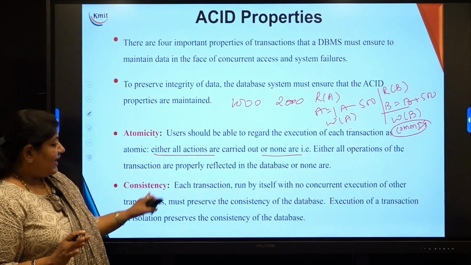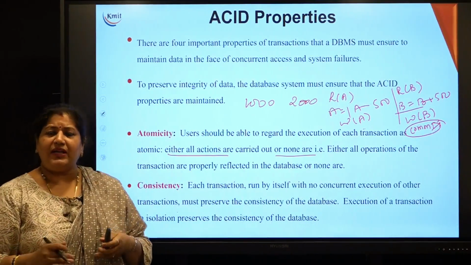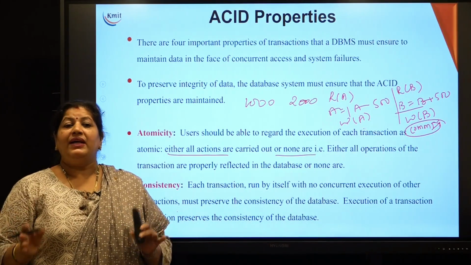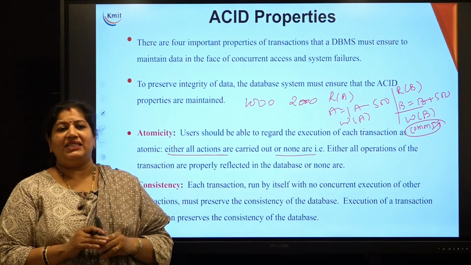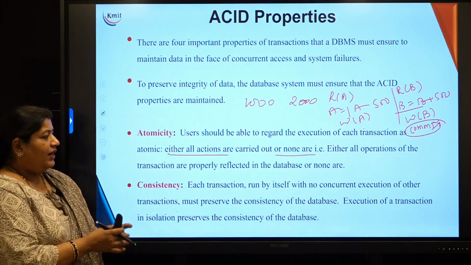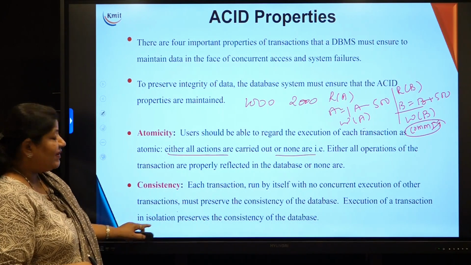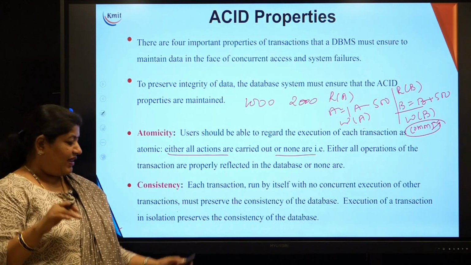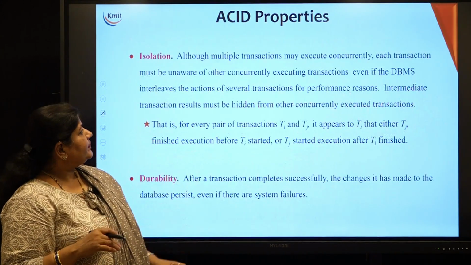Consistency ensures that you may be working simultaneously or one after the other, no issue. But the data should be consistent everywhere before and after that particular transaction. So, execution of the transaction in isolation preserves the consistency. So, what is isolation? We will try to see.